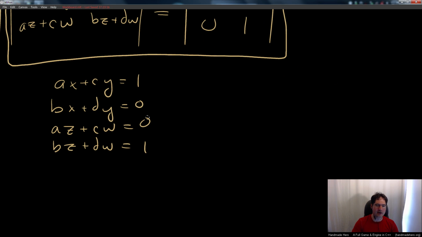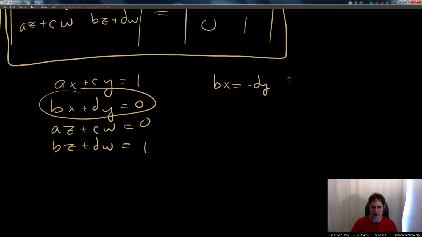So yeah, let's go ahead and I guess use the 0 guys first. Let's start with this equation here. We have BX plus DY equals 0. So it's trivial for us to solve this in terms of, let's say, the X variable, since, hey, let's solve for X first, why not? So we would know that BX equals negative DY, right?